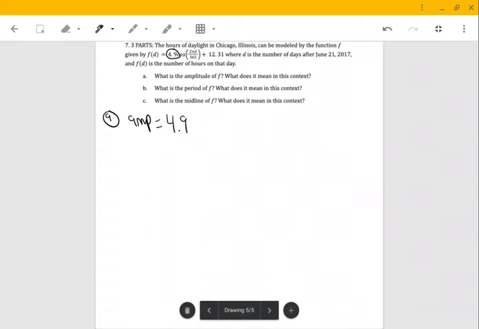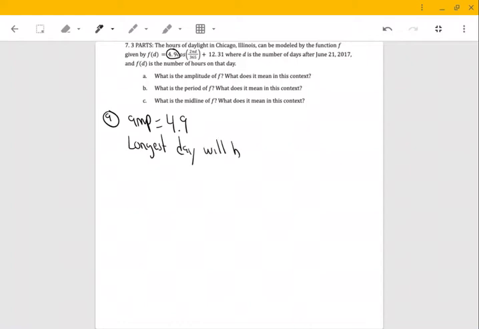Well, remember, the function represents the number of hours in a day. So the wave is going to go 4.9 hours above the middle and 4.9 hours below the middle. So this is going to tell me that the longest day will be 4.9 hours longer than the average.